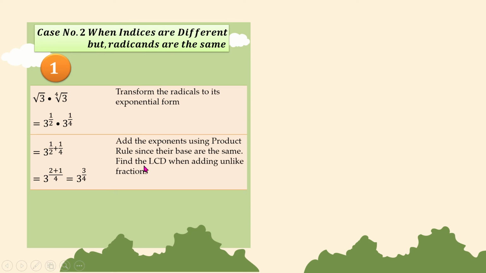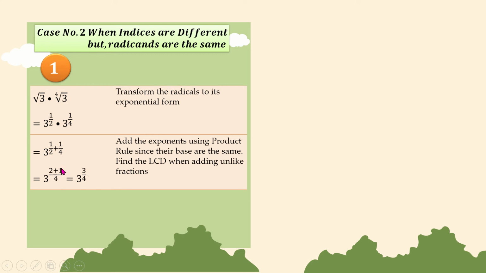Then, look for their least common denominator when adding unlike fractions. So when we add unlike fractions, they have different denominators. So we could not add unlike fractions unless the denominators are the same. So the common denominator of 2 and 4 is 4.